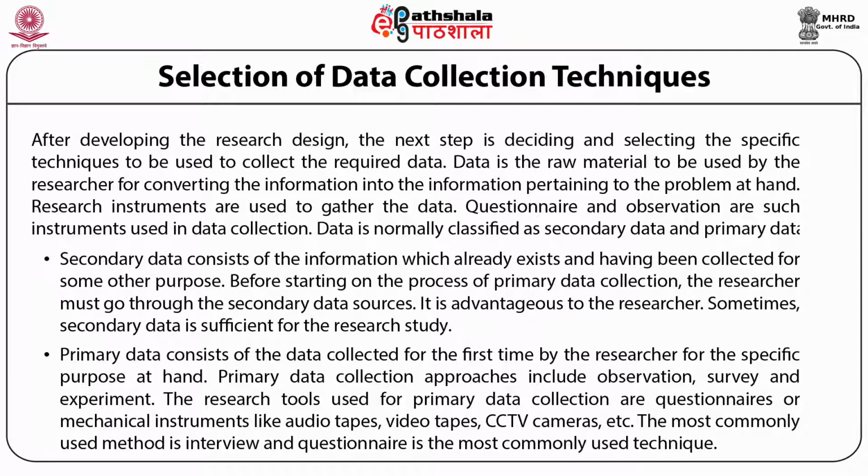The research tools used for primary data collection are questionnaires or mechanical instruments like audio tapes, videotapes, CCTV cameras, etc. The most commonly used method is the interview and questionnaire method, which is a commonly used technique for the collection of data.